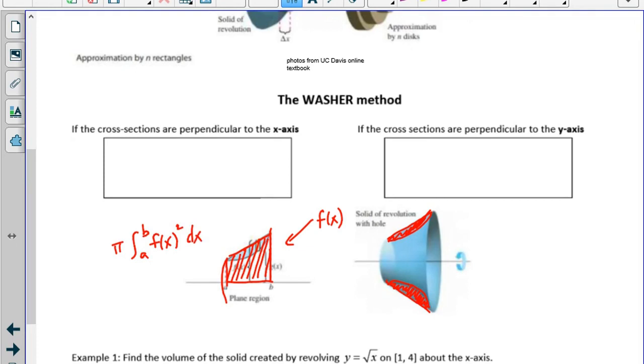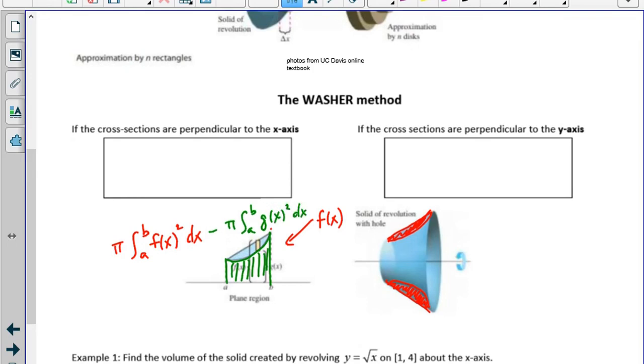Remember, it's squared because pi r squared is the area of a circle. And then I'm rotating this entire thing around, and I'm subtracting it. So it's pi times the integral from a to b of g of x squared dx.